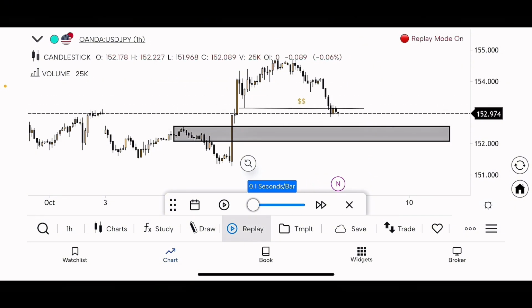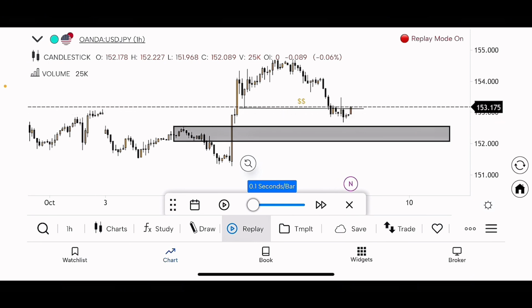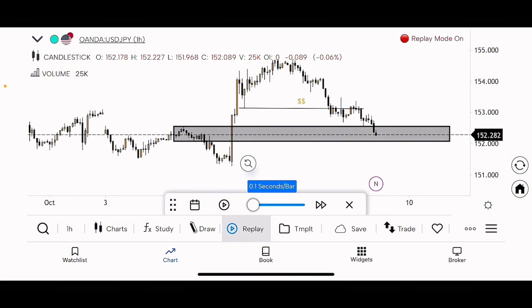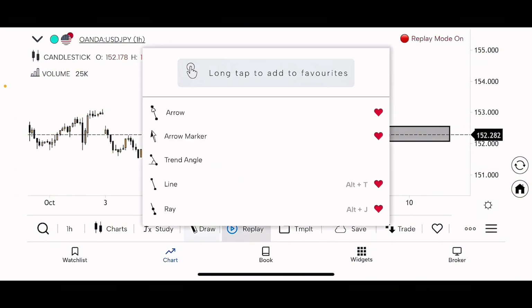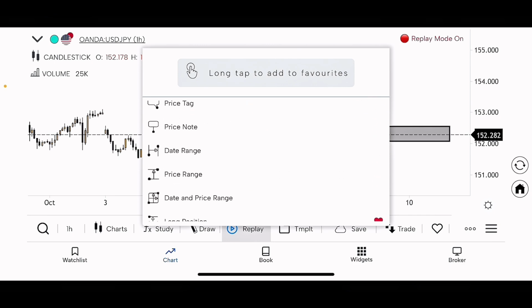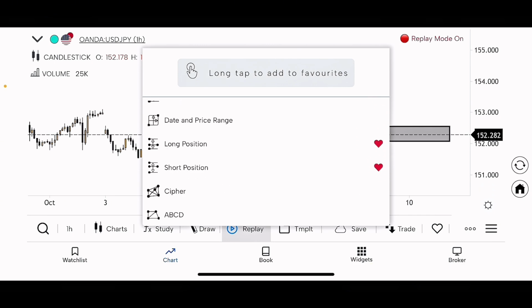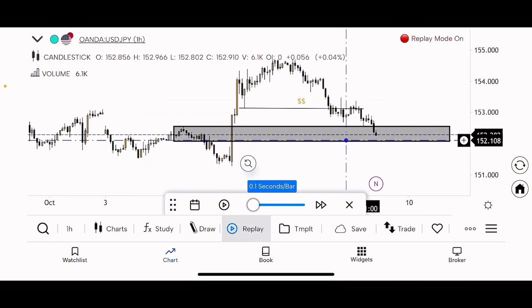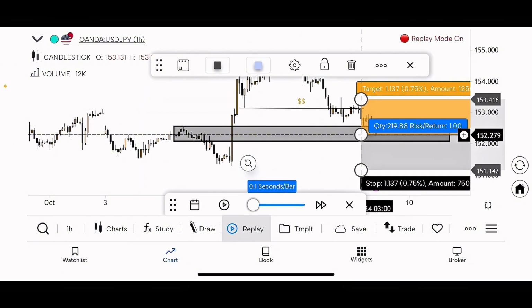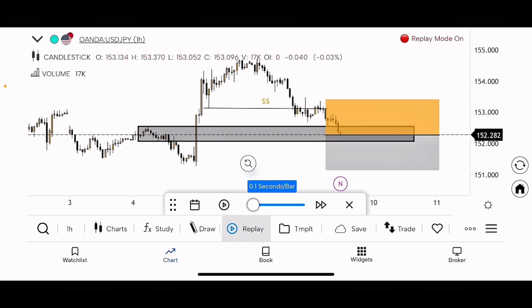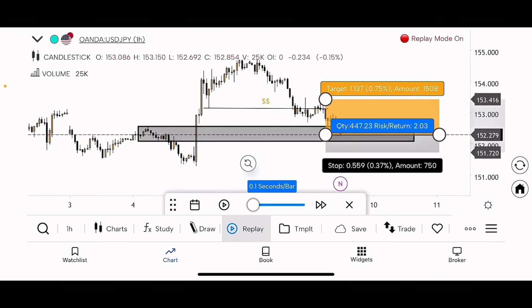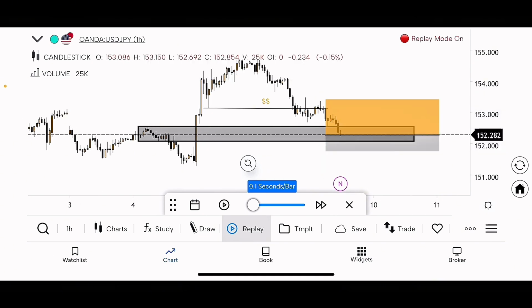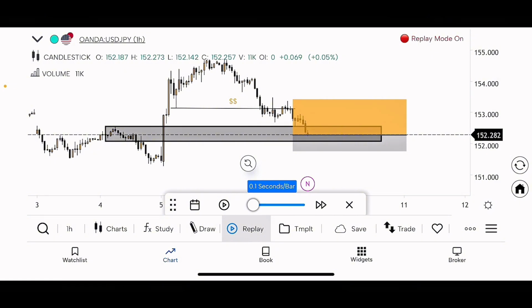All right, so let's play price and see what happens. We are waiting for price to tap into our breakout block so we can long now. Yeah, it's in our zone. So what you do, you enter a long, then you need to give it a small breathing space because of spread and other things.